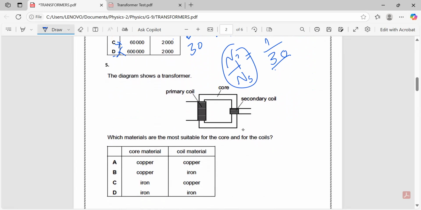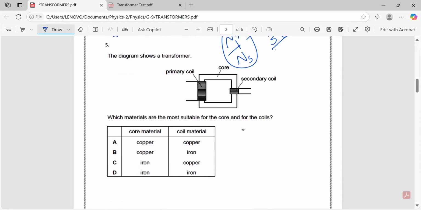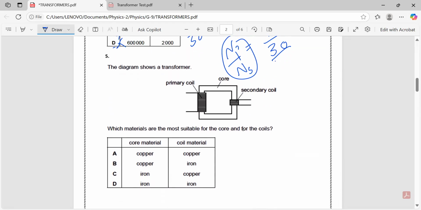The next part. The diagram shows a transformer. Which materials are the most suitable for the core and for the coils? Only two materials are provided to us, copper and iron, in different formations, and we need to decide which one is suitable. Not both of them are made of copper.